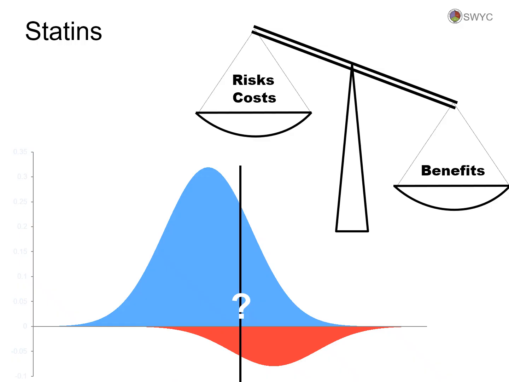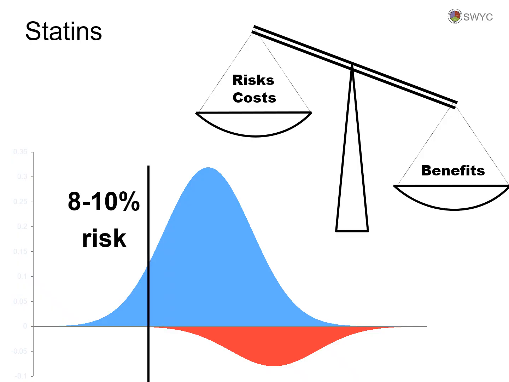Well, given their estimate of costs and benefits, the Task Force says that the threshold should be quite low, even as low as 8 to 10%. That is, if an individual has even an 8% risk of a cardiovascular event in the next 10 years, they should consider taking statins.